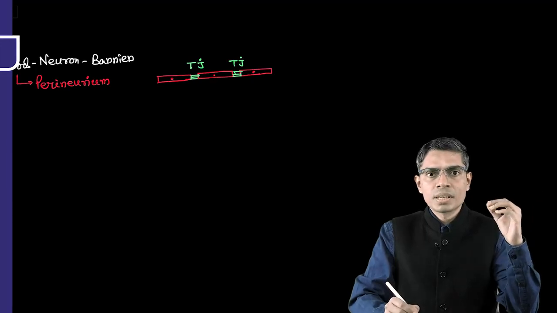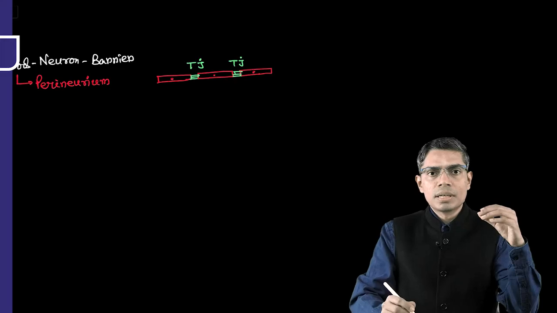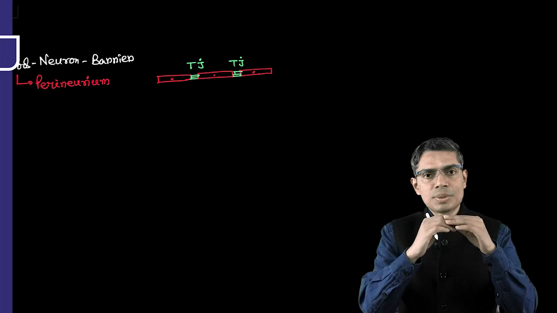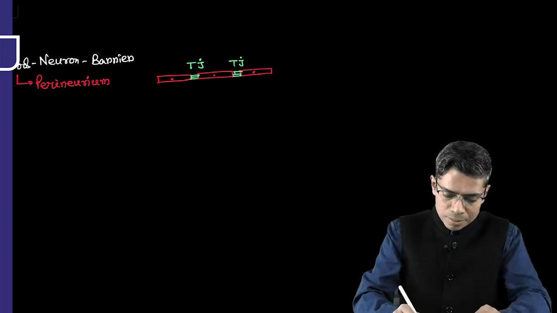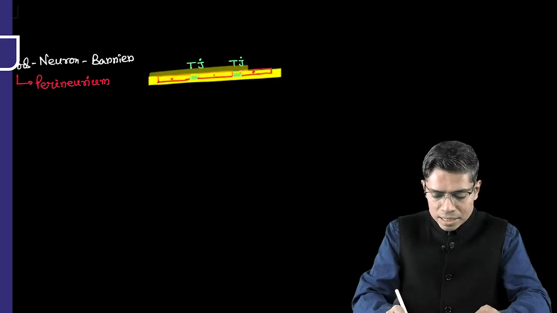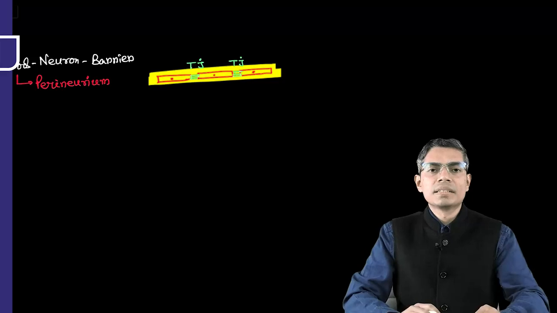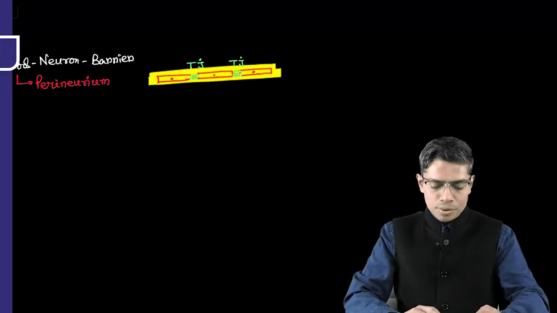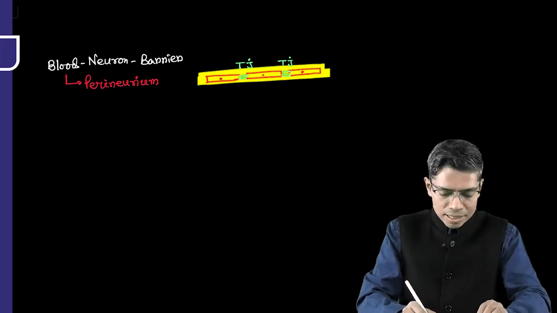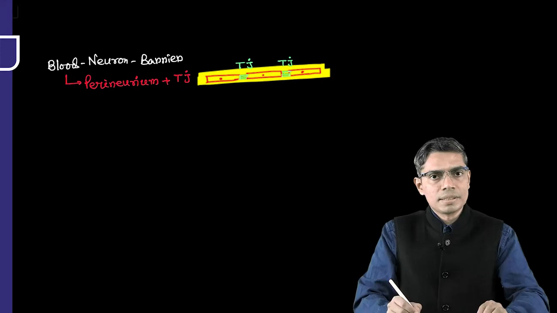It is composed of claudin and occludin molecules. It is bridging the gap which is present in the perineurium connective tissue cells. So now this perineurium along with the tight junctions forms a continuous barrier, and this barrier is known as the blood neuron barrier. So if the question is blood neuron barrier, your answer will be perineurium along with tight junctions forming the blood neuron barrier.